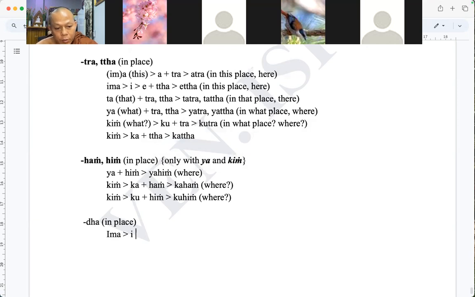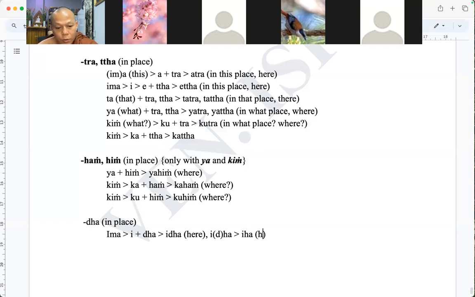So ima is changed to the e and the da. So we have the eda, meaning here. And from eda, that is silent, so in this way we have the iha also.